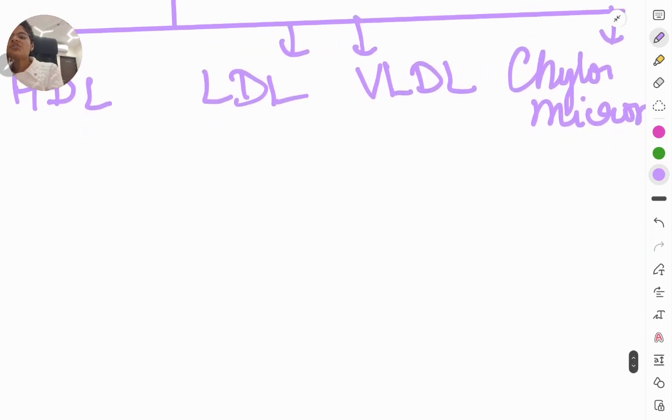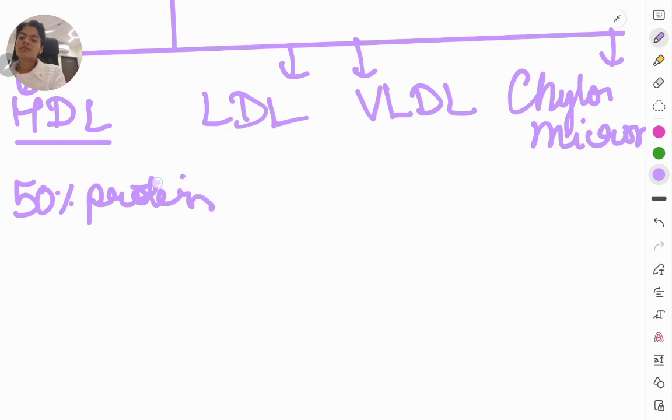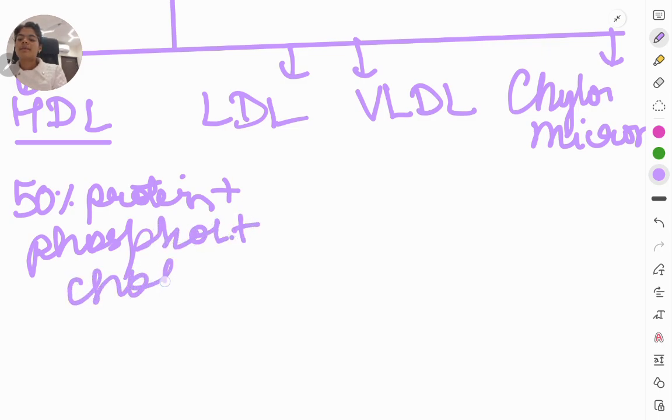Clear? Now HDL is high density lipoprotein. It is having 50% protein plus phospholipid plus cholesterol.